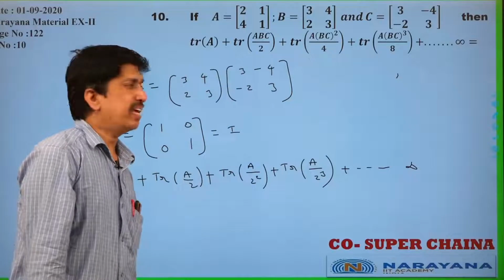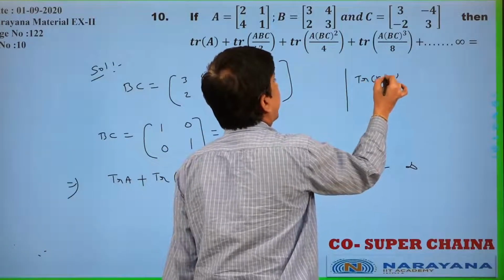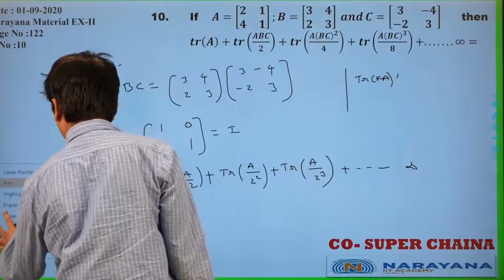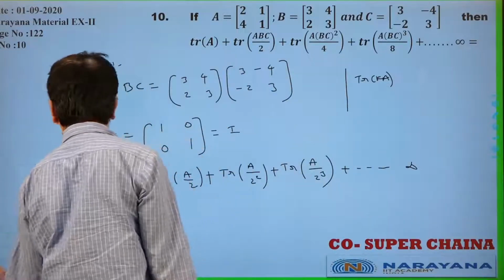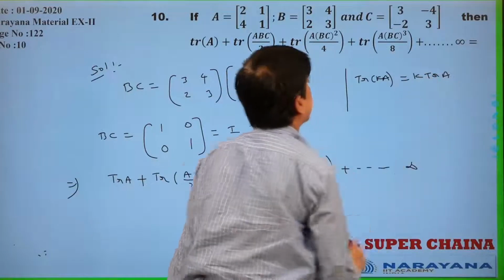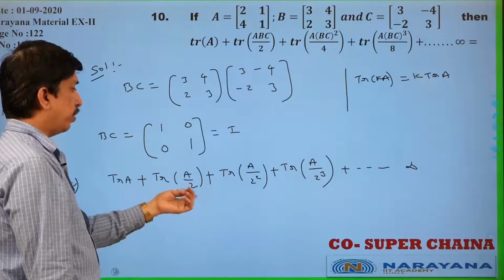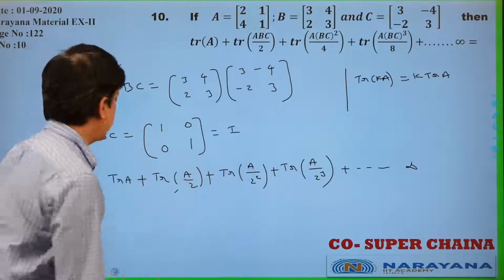Here I am writing a formula: trace of kA is nothing but k into trace A. Is it clear? K into trace A means everything like that only: 1 by 2 into trace A, 1 by 2 square into trace A, 1 by 2 cube into trace A, like that you will get.